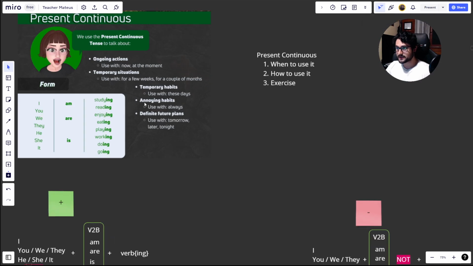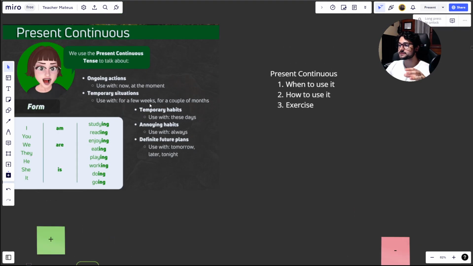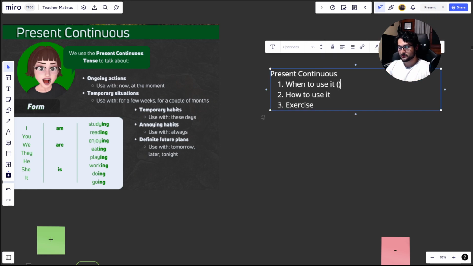And as usual, guys, I like to organize our argument in three stages. It is important that we see when we use this structure so we understand the context of this information. And it's important that we also talk about how to use it, because this is the structure.